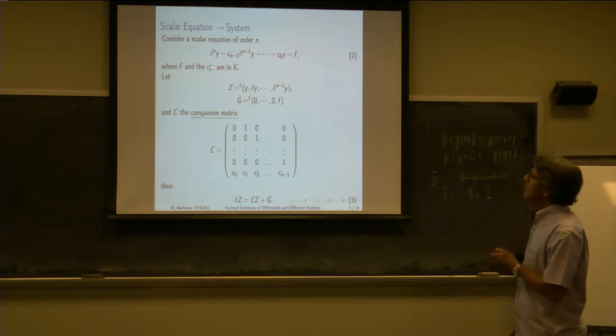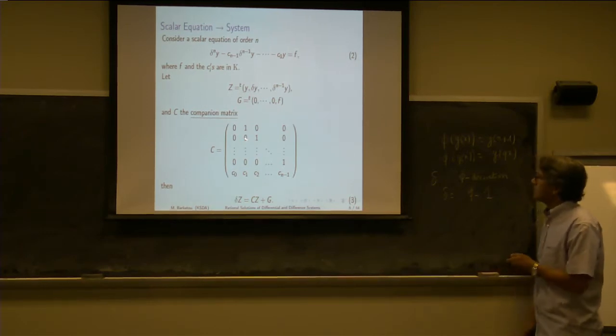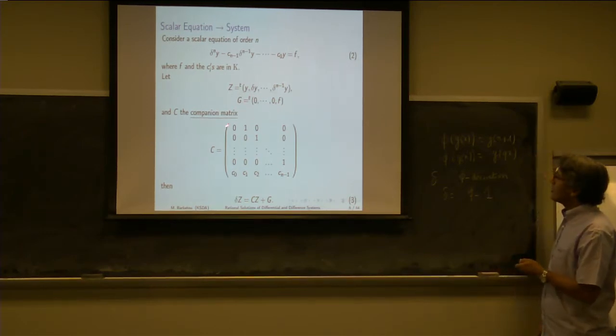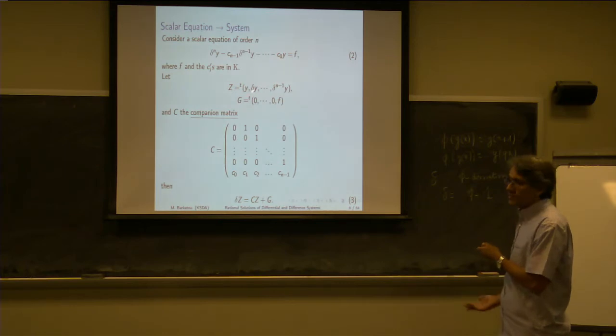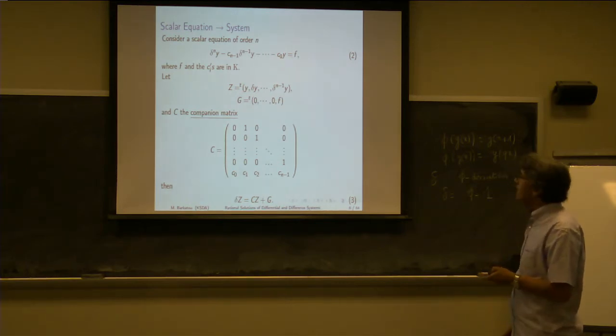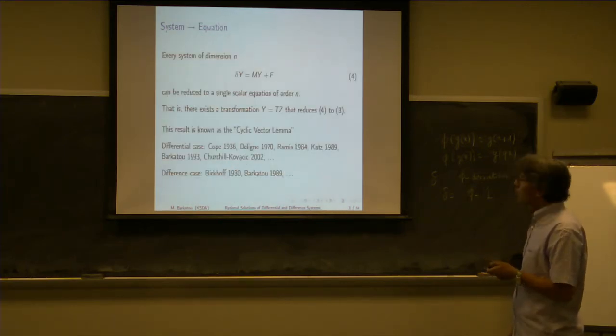Given such an equation, we can write it as a first order system in the standard way, and the matrix C is the companion matrix of the operator. Of course, scalar equations are part of systems in general, but the converse is also true.